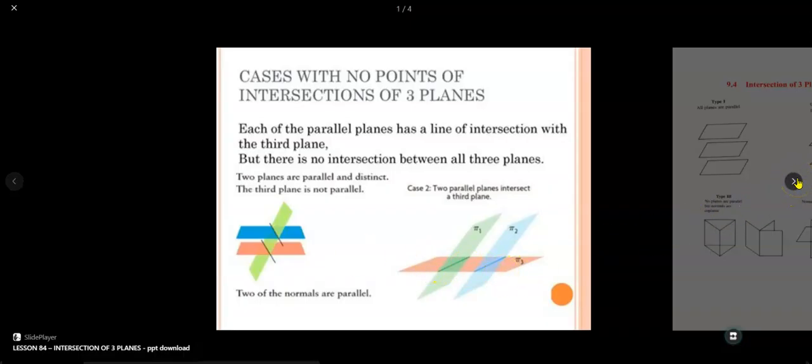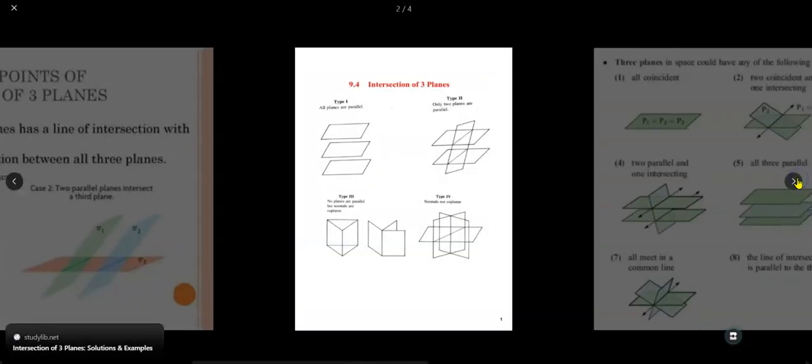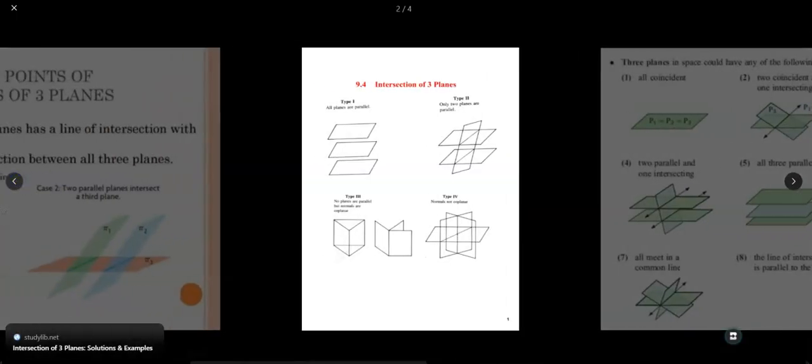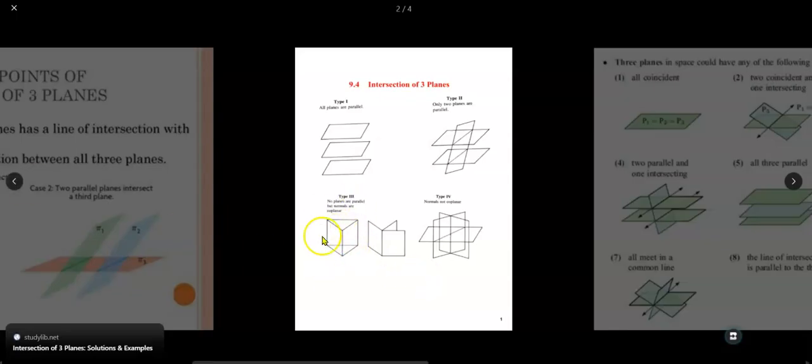Well, there's lots of situations where you could see planes that don't connect all together at the same location. And they don't have to be parallel. This is just, a couple of them can be parallel. This is obviously what we're looking for when they all come together in a single location. But sometimes like this, they formed into a triangle, right? And so you get that situation where they're not crossing at all.